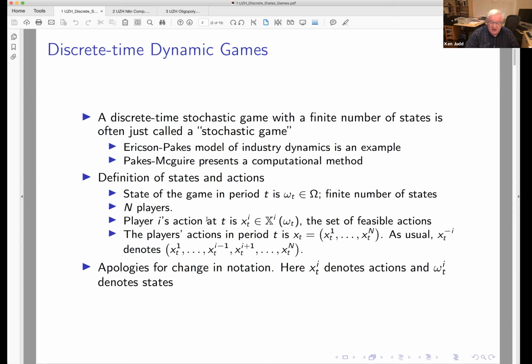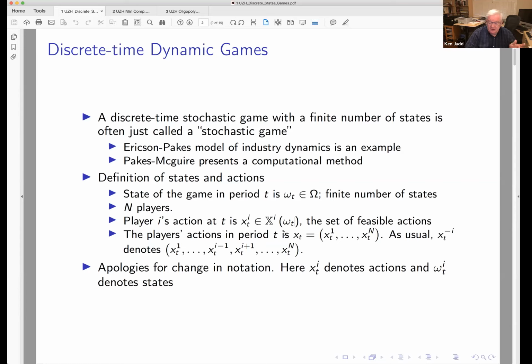And now player i's action at time t is some element of the feasible set of actions when the current state is omega t, and that current state includes what state a firm player is in. And then there are some actions that are available to the player.